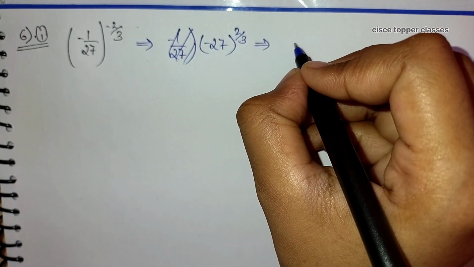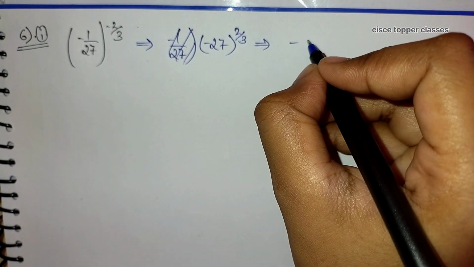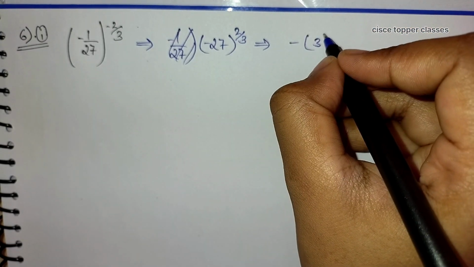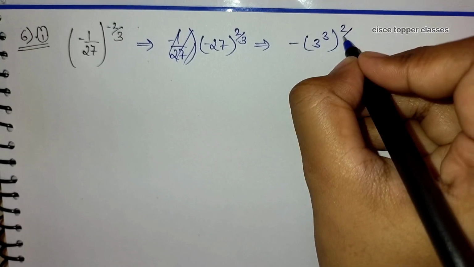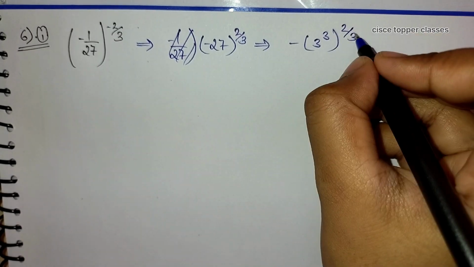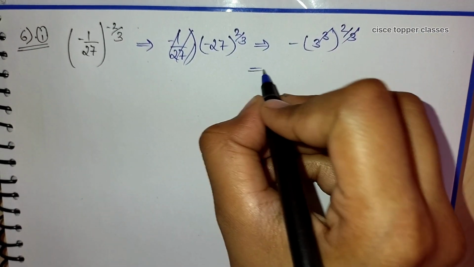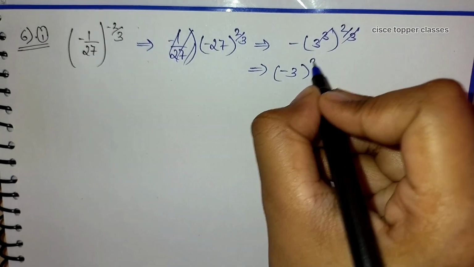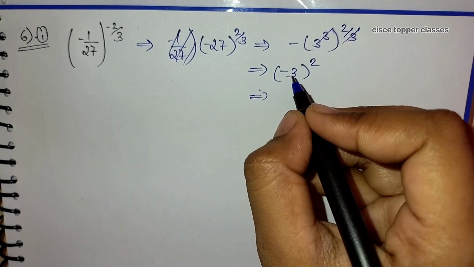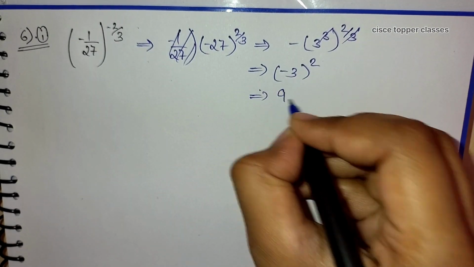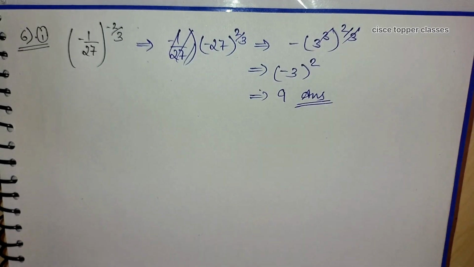Now we can simply write it as minus 3 to the power cube into 2 by 3. So 3 will be cancelled out from here, and here we will get minus 3 whole square. So minus will be cancelled out, and here we will get 9 as the final answer in the first part.